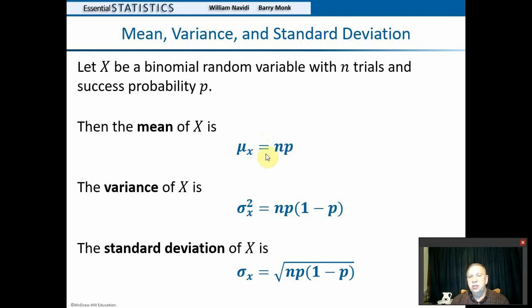The variance, which is the standard deviation squared, is n times p times 1 minus p. This 1 minus p is also usually shown as q, so npq, the probability of success times the probability of not success. And then we need to take the square root of that to get the standard deviation, so the square root of npq, or n p times 1 minus p.